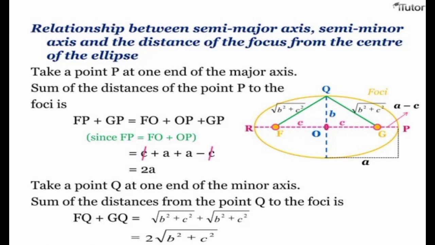Take a point Q at one end of the minor axis. The sum of the distances from the point Q to the foci is FQ plus GQ, which is equal to the square root of b squared plus c squared plus the square root of b squared plus c squared, which is equal to 2 times the square root of b squared plus c squared.